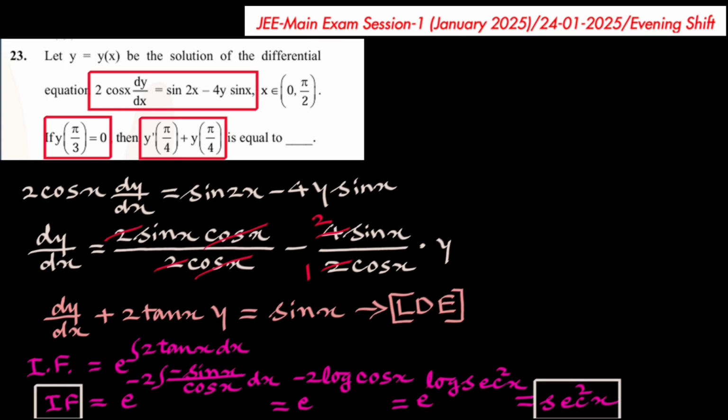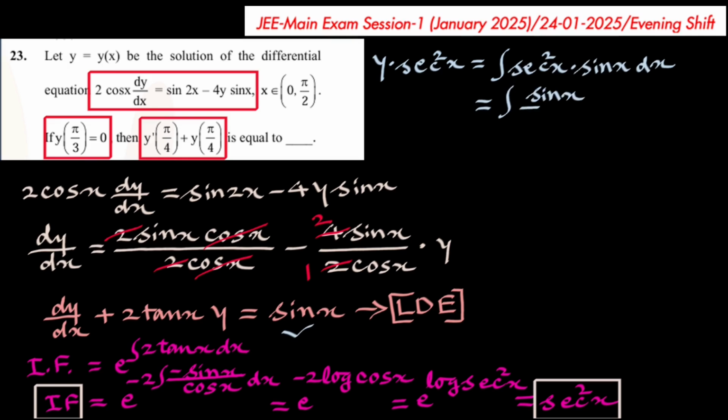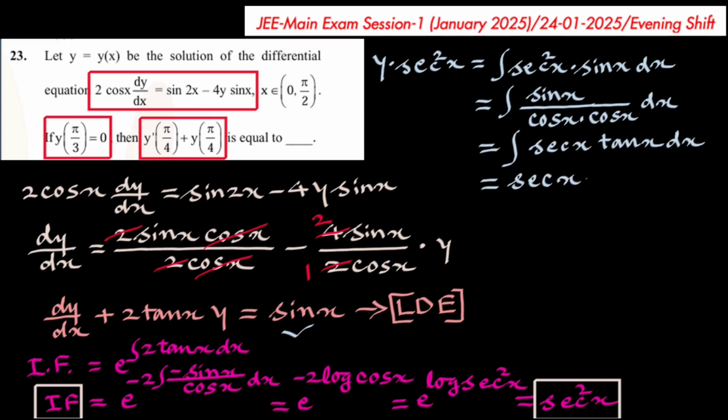Now the solution: y into integrating factor sec square x equals integral of integrating factor sec square x into this sin x dx, integral sin x upon cos x into cos x dx, integral sec x tan x dx, sec x plus c, which is the general solution of this differential equation.